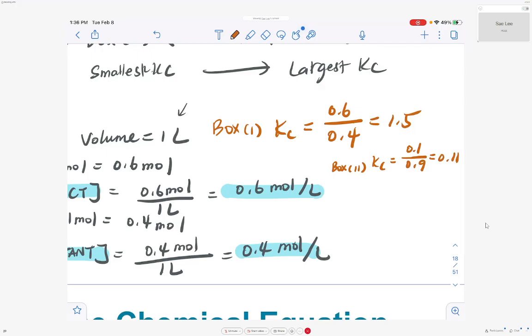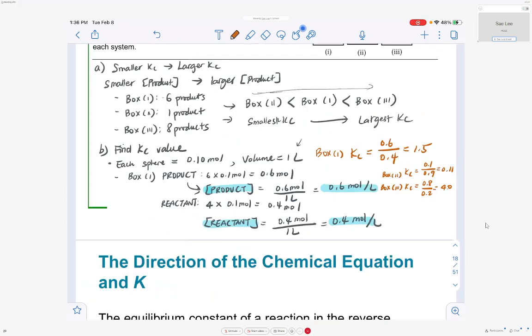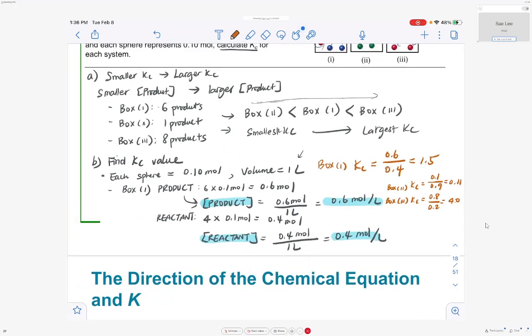The Kc value for box 2 is going to be 0.11. Box 3 is going to be 0.8 divided by 0.2, which is 4.0. Okay. So remember how we ranked the Kc without doing any mathematical calculations.